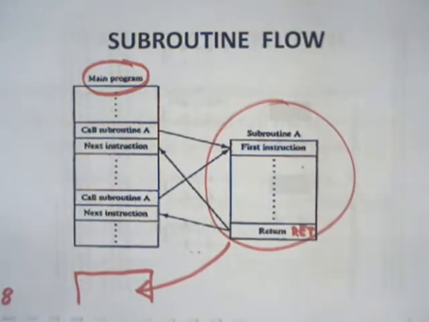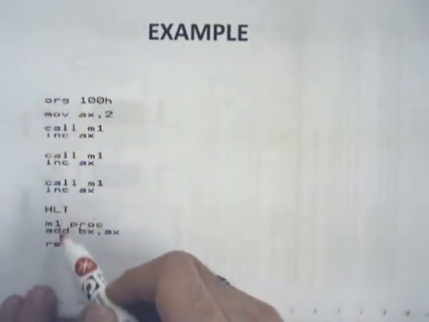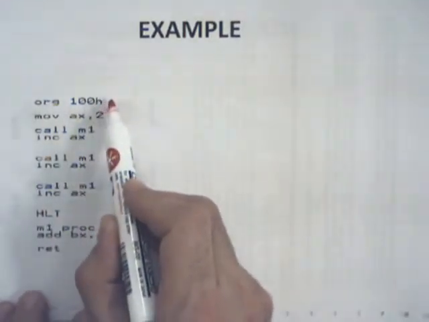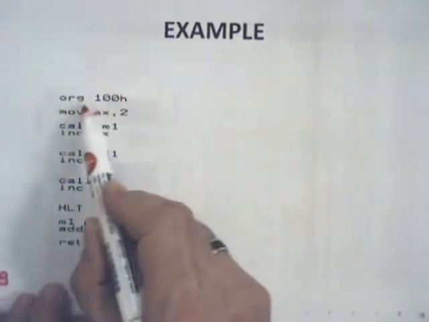A simple example. What does it look like in an emulator environment with assembly codes? This is a sequential main program. The first line organizes the program segment block to be at 0100 hexadecimal address.